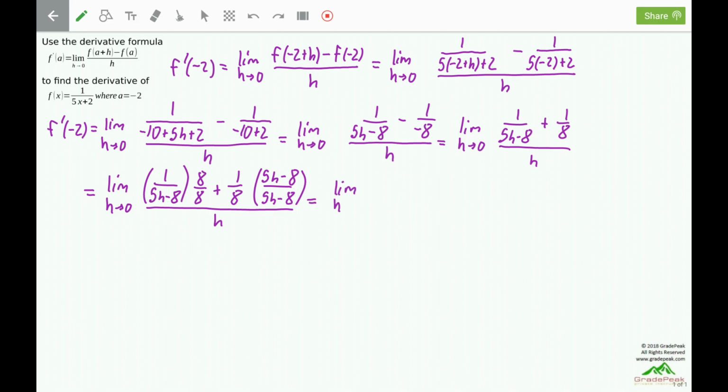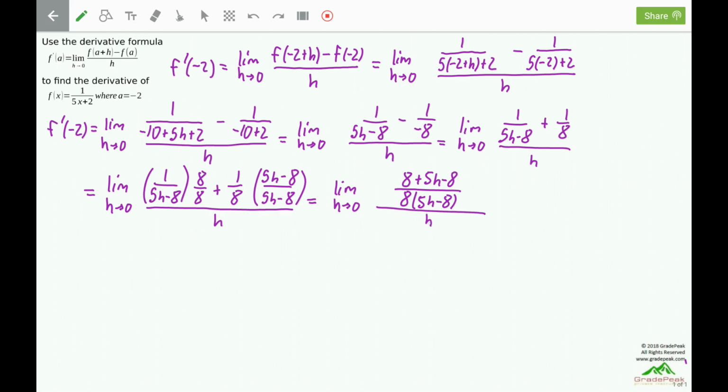So we have limit as h goes to 0 of, multiplying the numerator, 1 times 8 is an 8, and a 1 times 5h minus 8 is a 5h minus 8. I've already added them together over the common denominator of multiplying the denominators, 8 times 5h minus 8.